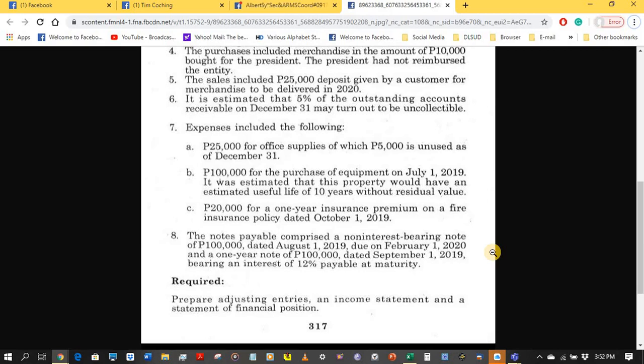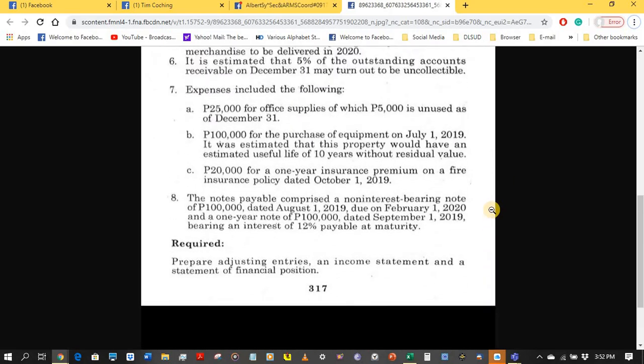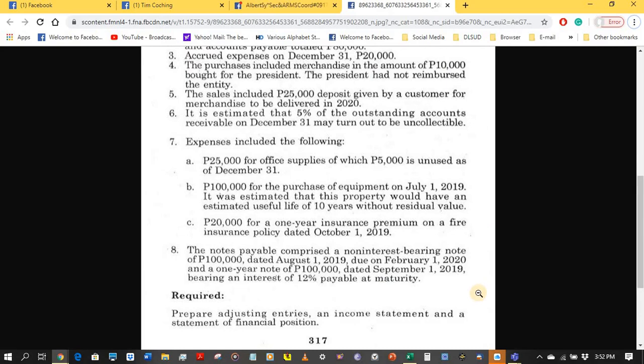So, ang note payable daw natin ay 200,000 pesos. Kasi, it composed of 2 promissory notes. Yung isang 100, non-interest bearing. Then yung isang 100, interest bearing, 12%.